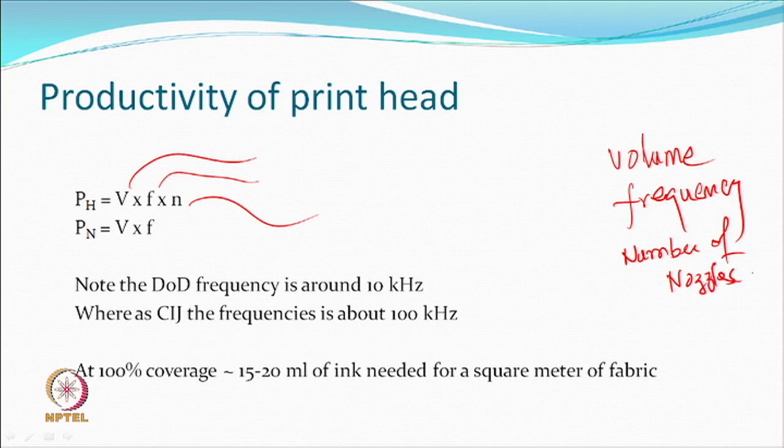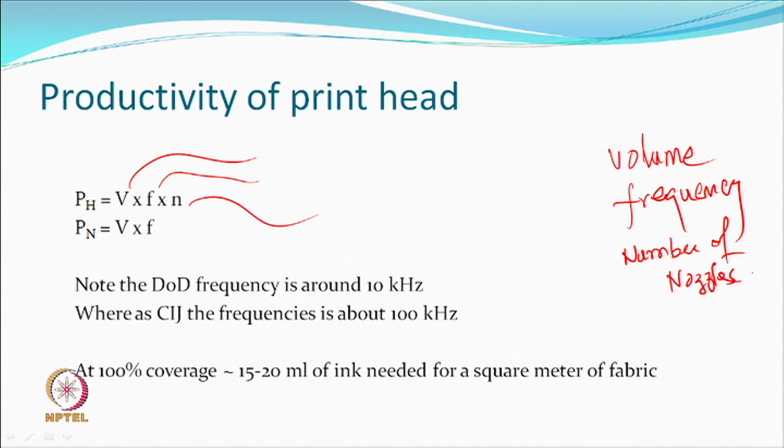So, if you produce more volume, maybe you can cover more area. If you have high frequency, putting the same amount of volume at a high frequency, you can cover more area, or if in the print head you have more nozzles, they can cover more area. So, that is how a print head's productivity would be defined.